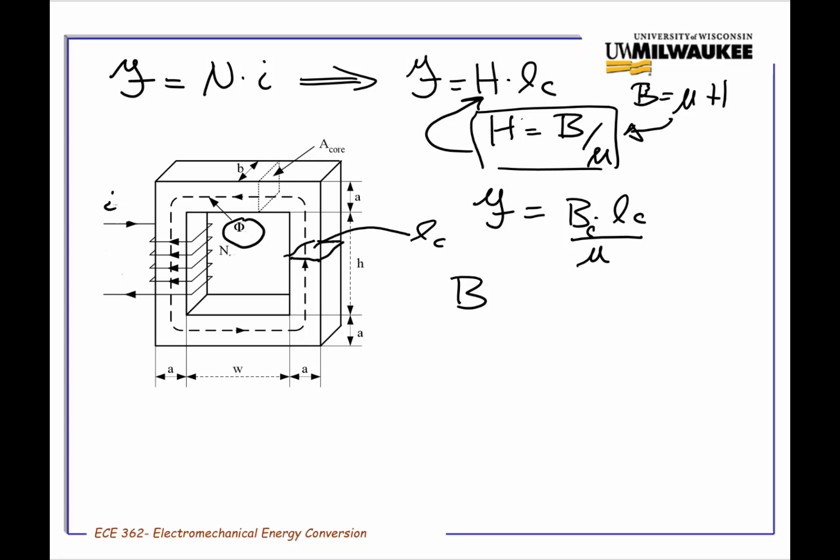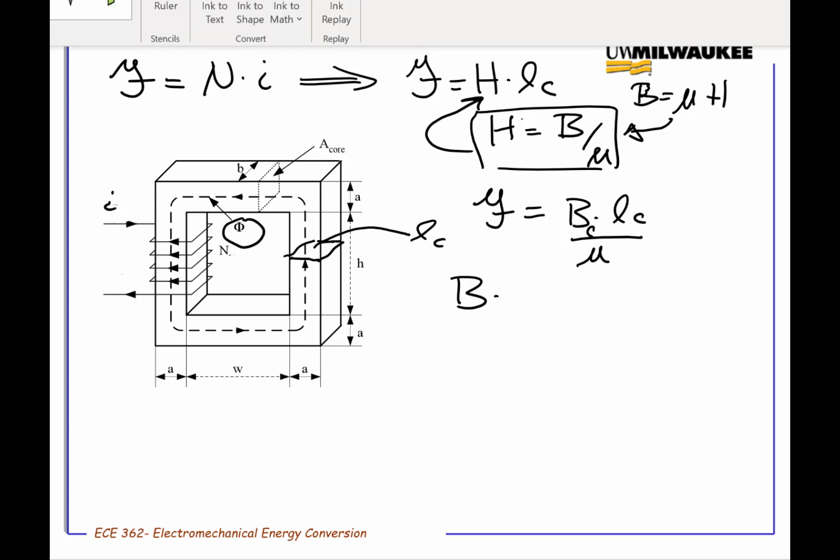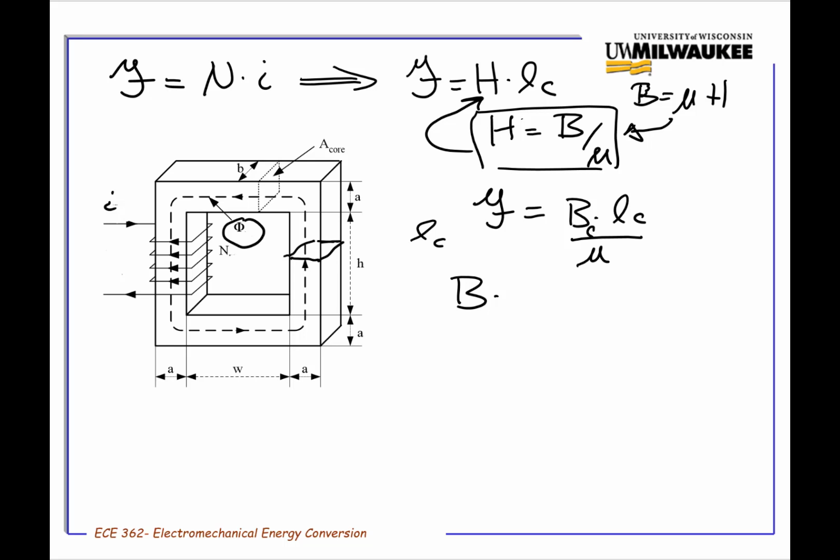Okay, so the B times, and this is the length of the core, and then the cross-sectional area, I'm going to call this area of the core. So B times the area of the core is equal to the flux that's in the core.